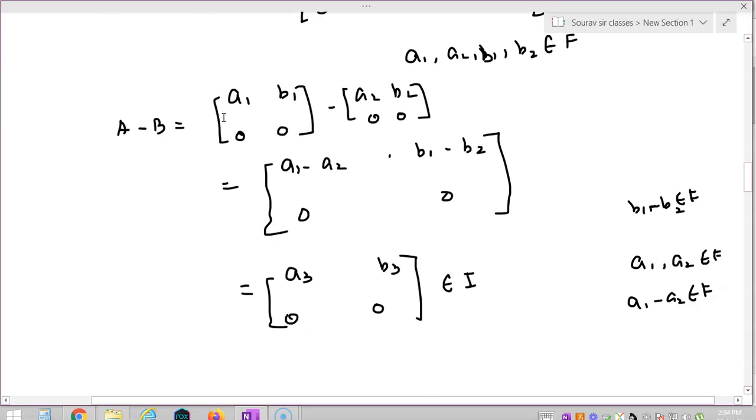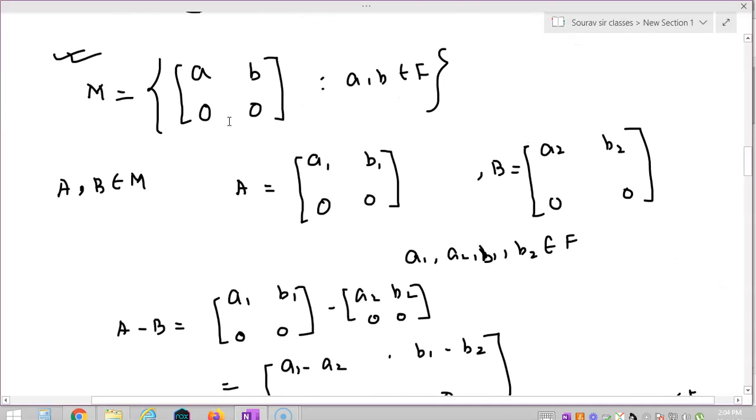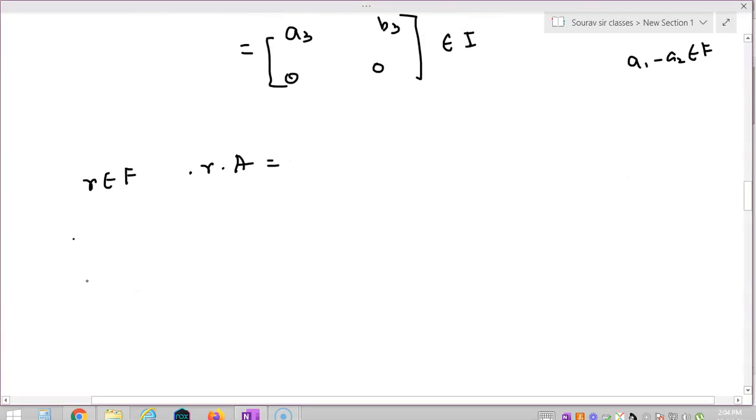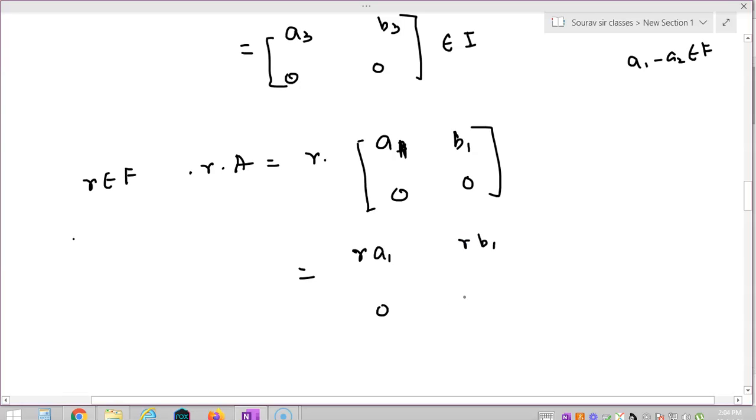Now let us take an arbitrary element r from this field. I am taking any r from F, and then r into A is nothing but r into [A1, B1; 0, 0]. If you multiply this r with this, you will get [rA1, rB1; 0, 0].